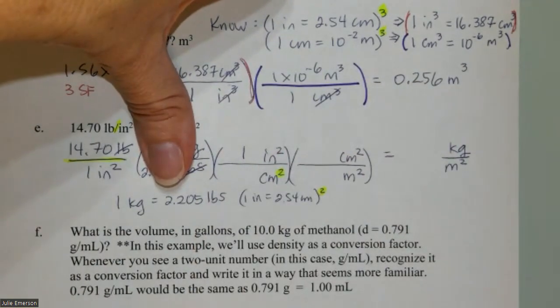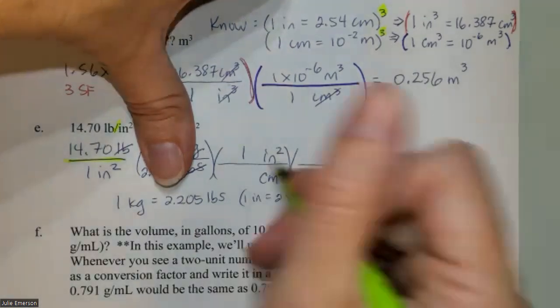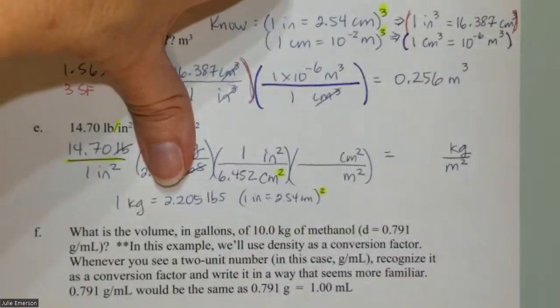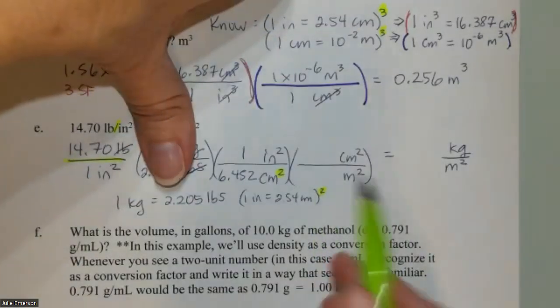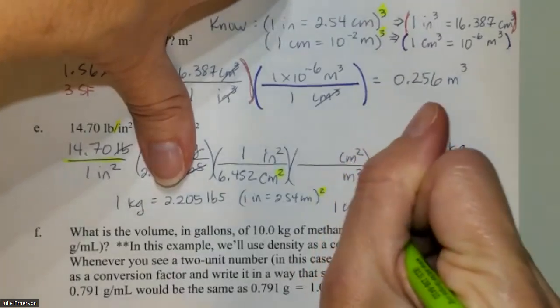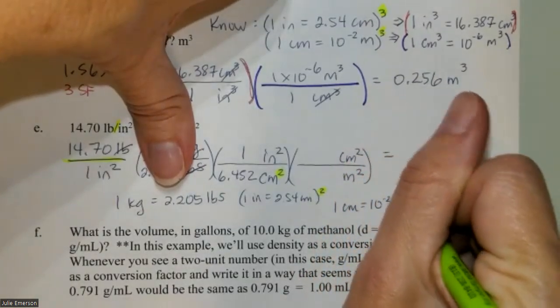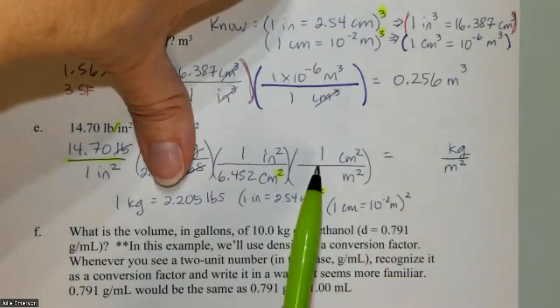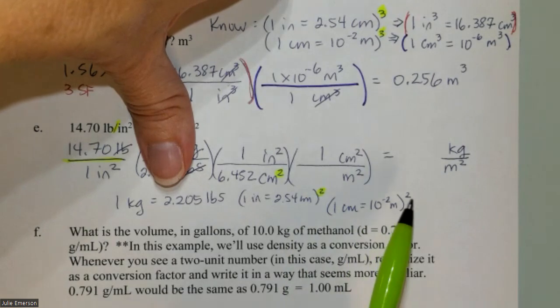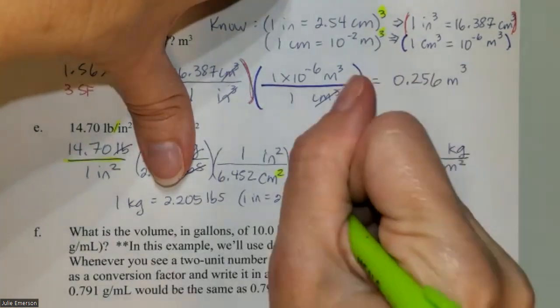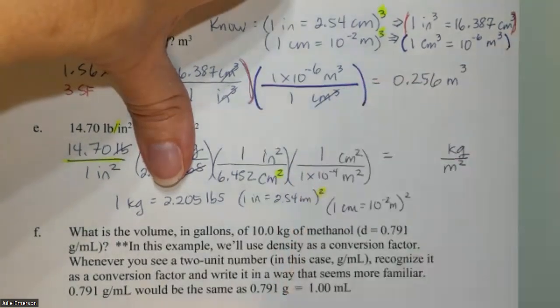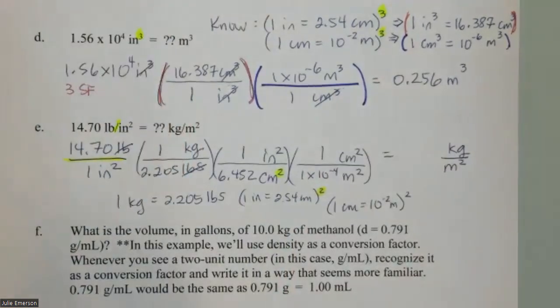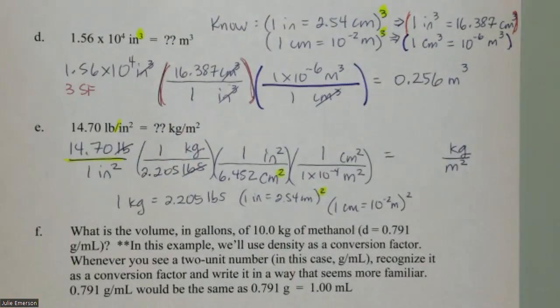Then 2.54 squared is 6.452, or 6.45, or 6.4516, you pick. All right. And then in the next conversion factor, we have 1 centimeter is 10 to the negative 2 meters, but again, we have to square it. So 1 squared stays 1. 10 to the negative 2 times 2 becomes 1 times 10 to the negative 4 meters squared. All right. So now I'm ready.